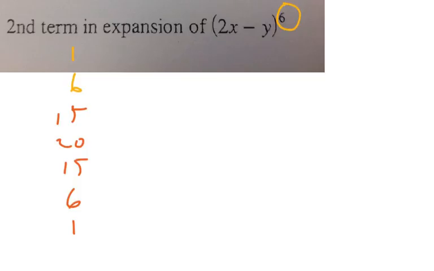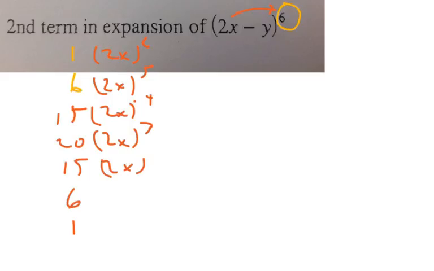So here we go. I know that 2x goes to the 6th power. So I'm going to go (2x)^6. Use parentheses, guys. (2x)^5, (2x)^4, (2x)^3, (2x)^2, (2x)^1, and (2x)^0, of course, is 1.